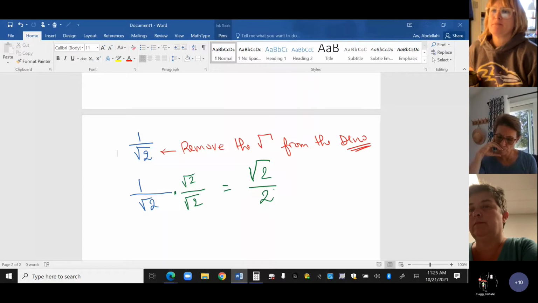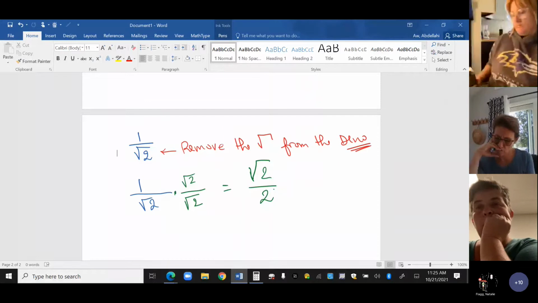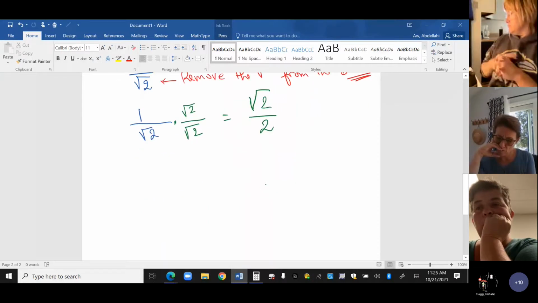If it was at the top, you do something to bring it at the bottom. But now we just see the technique. We don't know why we do it because we don't apply it yet. But if you keep doing math and you go to calculus, you will see why we rationalize the denominator. You will see that reason.